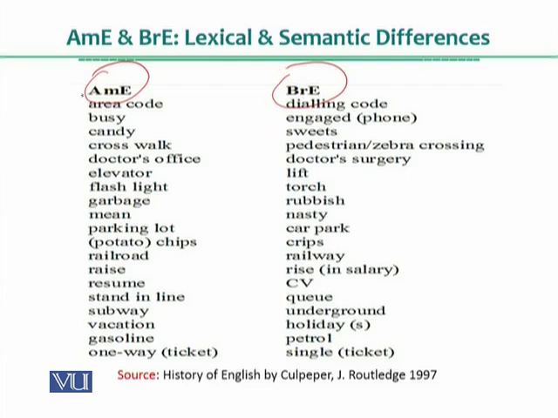I would not go through all of these, but you can make comparisons on your own by pausing on this slide for a while, and you can notice the differences in the vocabulary choices. For example, area code is the American choice, whereas dialing code is the British choice. And actually the list is long. You can see how both varieties of English offer different sets of lexical items.